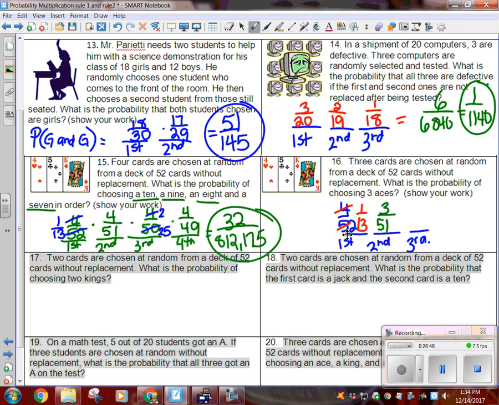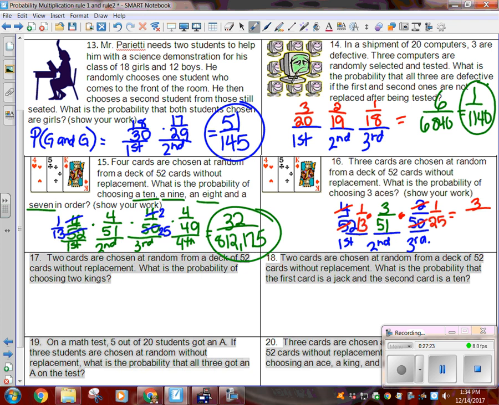And then if I successfully get an ace the second time, what's the odds of getting it again? How many aces are left? If I get 1, then I get 2. Isn't there 2 left? Oh, okay. You mean 2 out of 50, which is 1 out of 25. You're a little bit ahead of me. You are correct. 1 chance out of 25. So 3 out of... That does reduce, doesn't it?